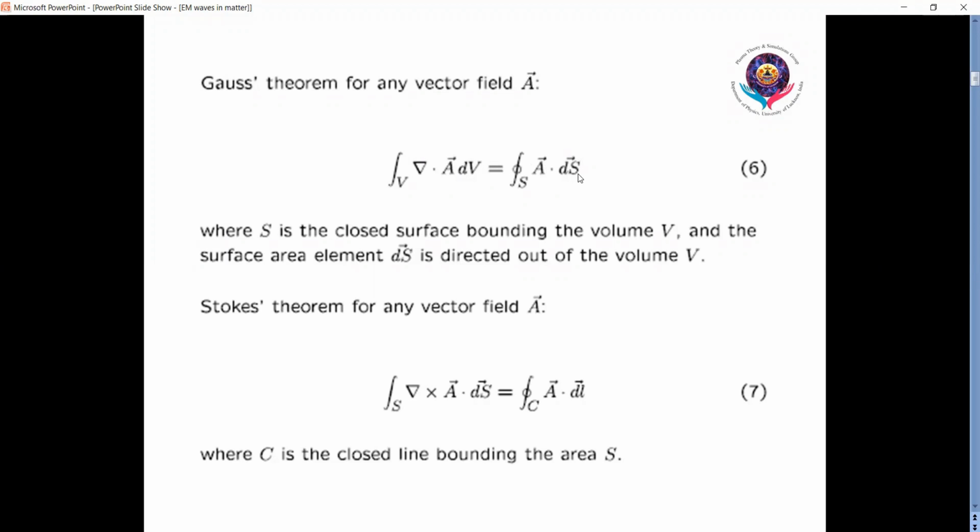Similarly, a surface integral can be reduced to a line integral by having a curl operator. We take the curl of a vector, then the surface integral can be reduced to the line integral.